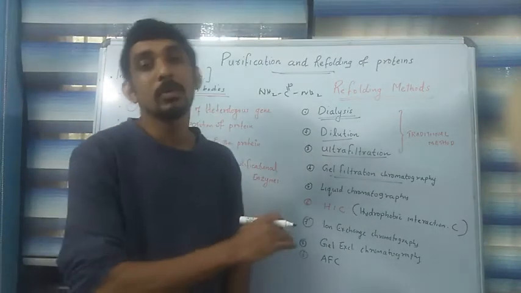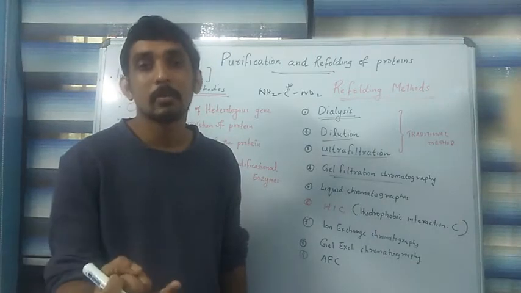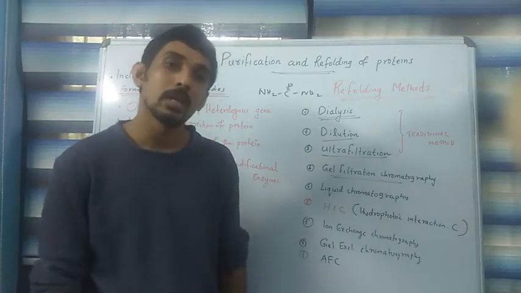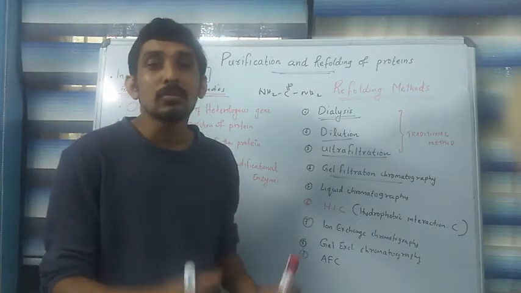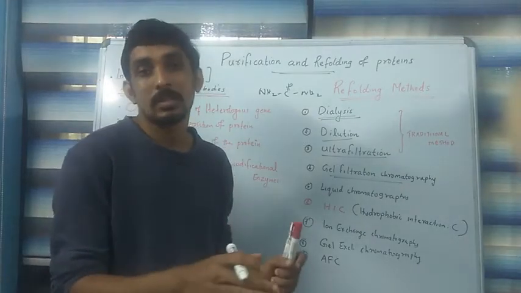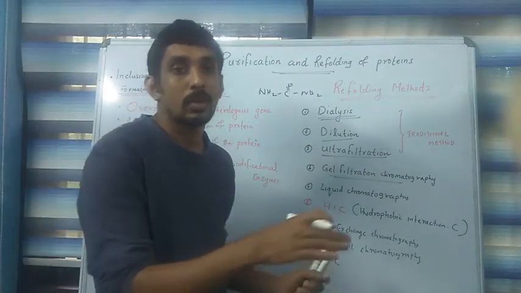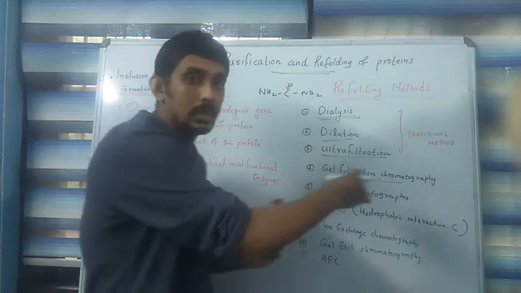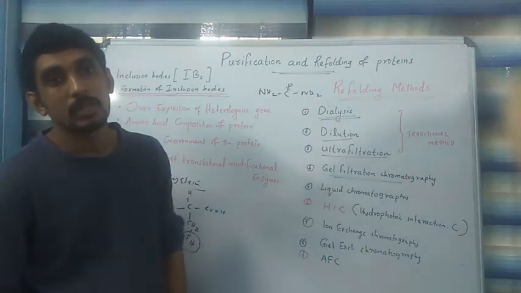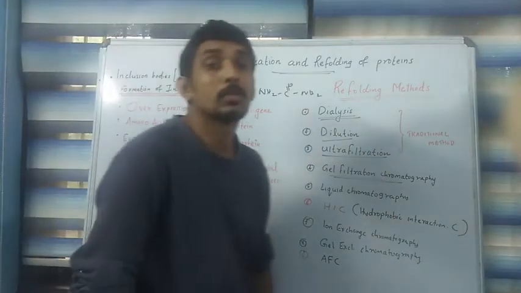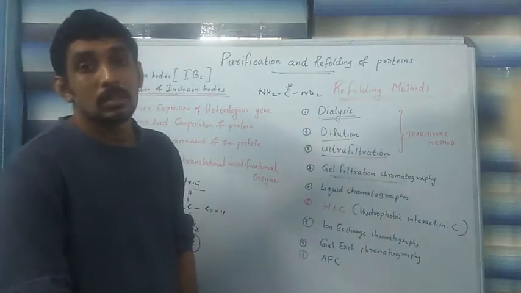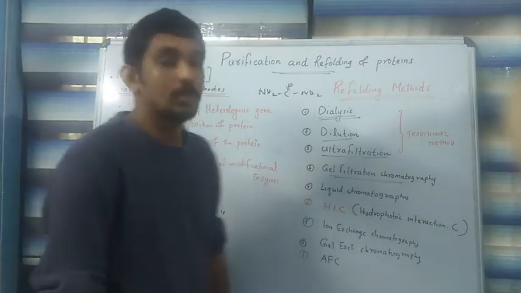The basic principle of chromatography is that it contains a mobile phase and a stationary phase, and that stationary phase acts as a best agent for removing denaturant from the protein. Denaturants are mainly responsible for the formation of inclusion bodies.